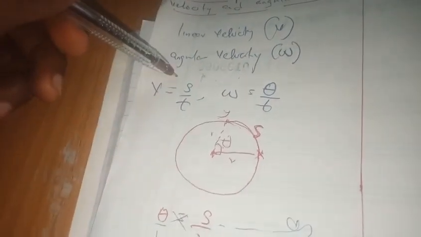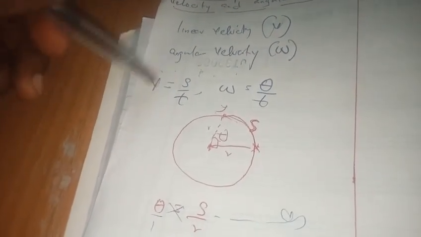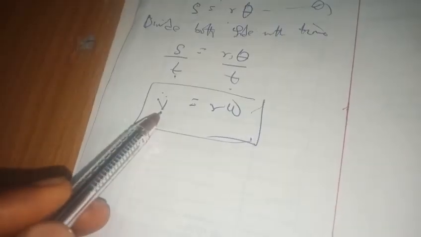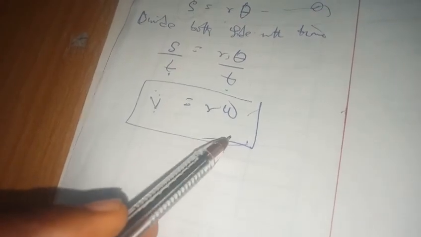So in this case, distance over time, remember from this formula here, distance over time is v, linear velocity. So come back, angular displacement over time is omega. So we have v equals r omega. So this is the relationship between the linear velocity and angular velocity.